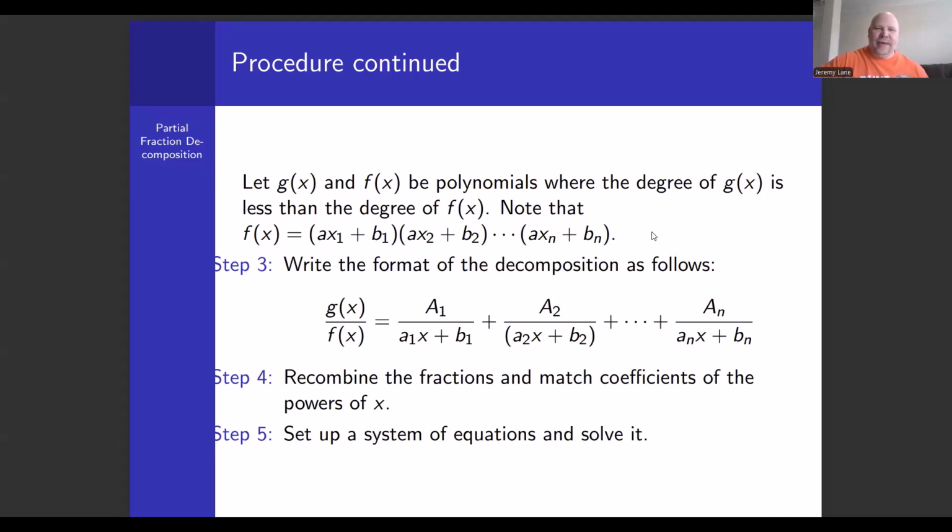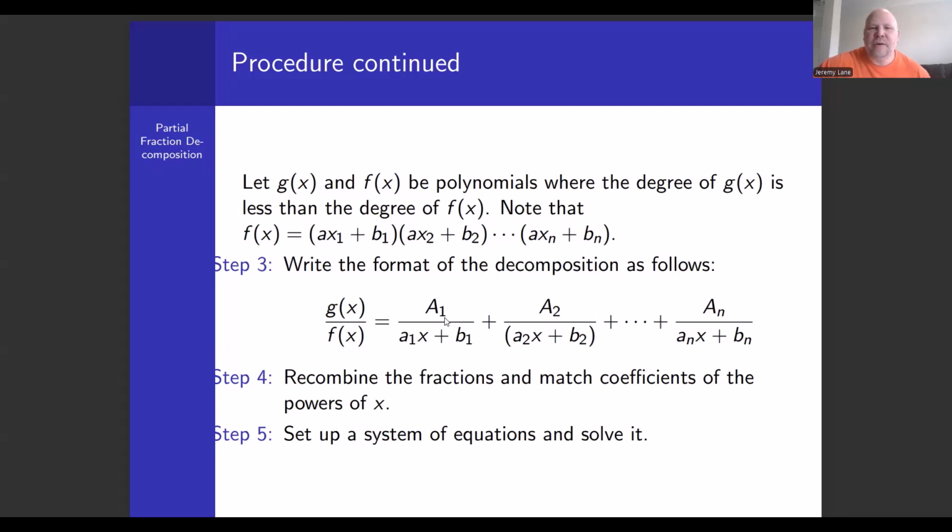So once we get our factorization from step 2, each of the factors from our denominator polynomial is going to correspond to an individual denominator for my decomposition. So we're going to set up a format or a template for the decomposition as having some number. We call it A1 here. We don't know that number.